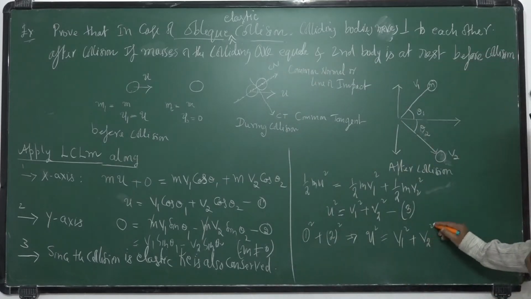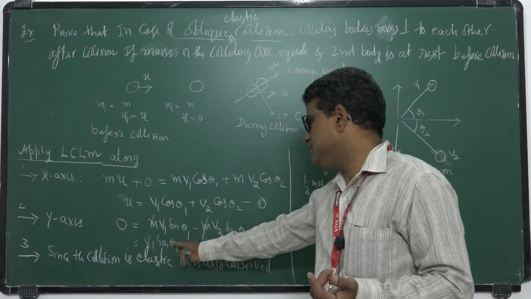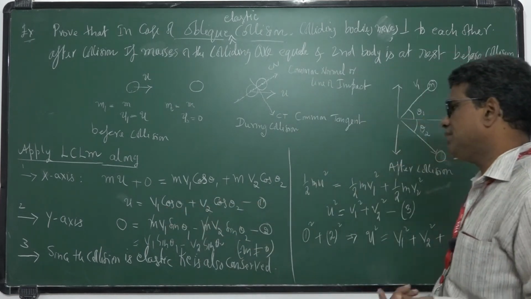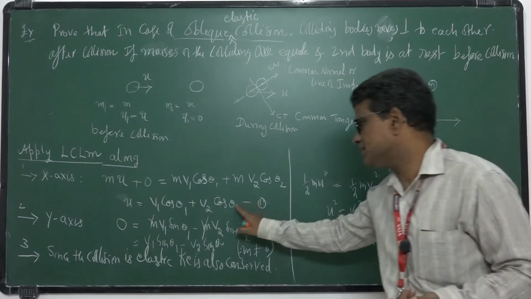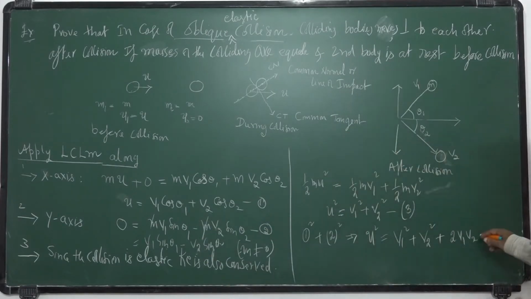So you will get v2 square plus, using a plus b whole square minus a minus b whole square, 2 v1 v2 cos theta 1 cos theta 2 and 2 v1 v2 sin theta 1 sin theta 2. v1 v2 is common, so you take it out. Here you will get cos theta 1 cos theta 2 minus sin theta 1 sin theta 2.